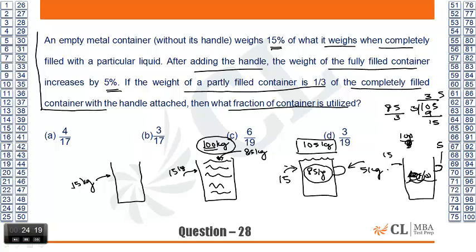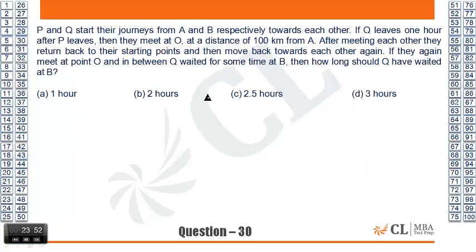So now this is 35. So 35 kg. So 20 has gone. This will be 15 kg here, and that will be 85 kg. 15 upon 85. 3 by 17. Yes. Stuck.